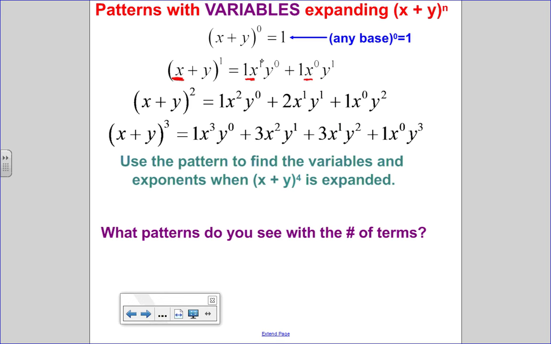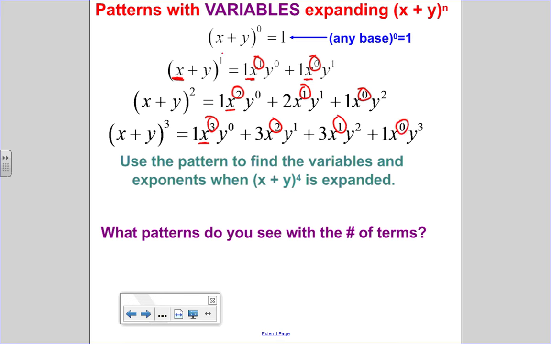Just looking at the x, see how I start with 1 and then I go down to 0. When I had x plus y squared, filling it in again, anything that was missing I put in as a 0. So I have x to the exponent of 2, 1, and none. And then I had x plus y cubed. Again, notice I start with x and I do 3, 2, 1, and none.